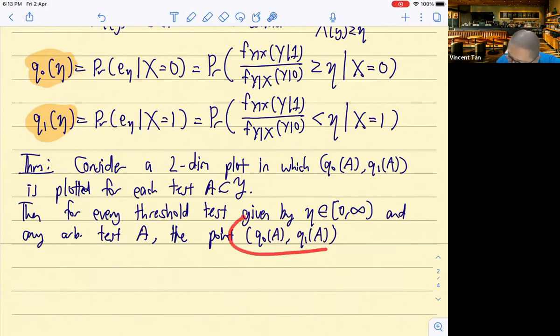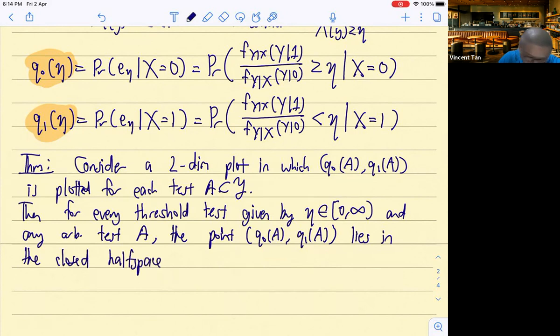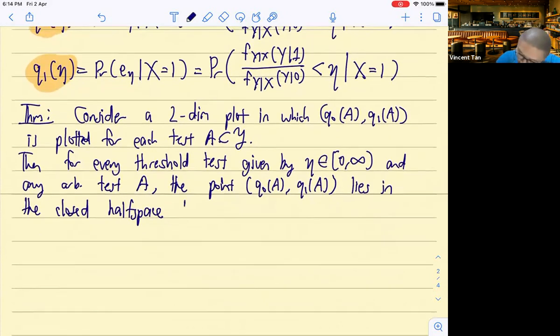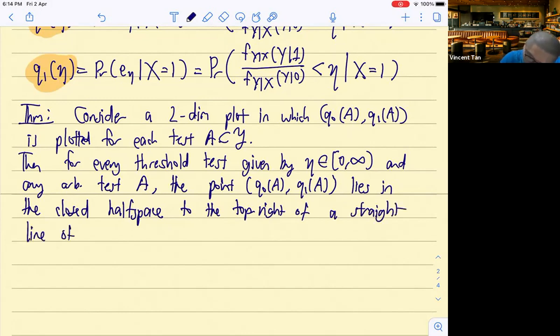You can think of this as the performance of the particular test A. Basically this point lies in a closed half space to the top right of a straight line of slope minus eta, passing through the performance point of the threshold test, Q0 of eta, Q1 of eta.